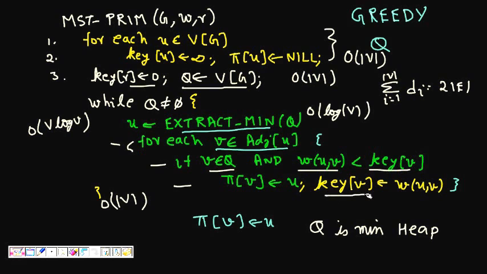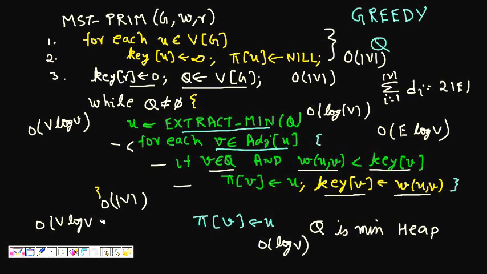And when we are writing key of V equal to w(U,V), this is again writing into the Q, so it will again take O of log of V time. So overall, E into log of V time will be taken by this. So it will be O of V log V plus E log V.